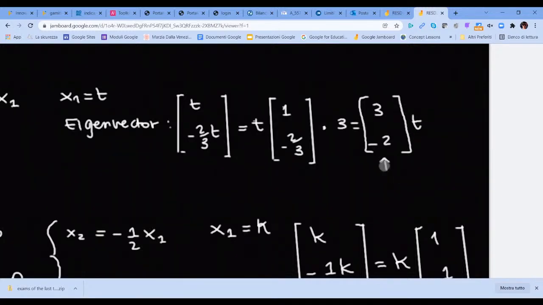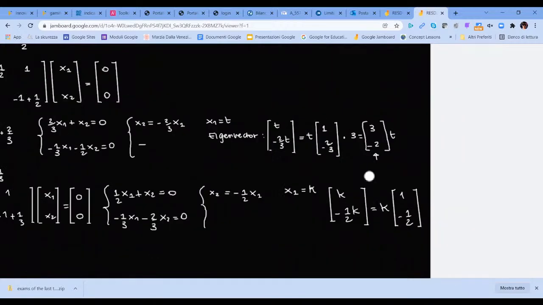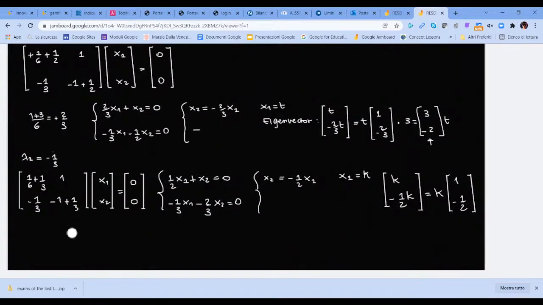So the eigenvector is this one, okay? This is the eigenvector. This is a vector that we need in order to write the solution of the differential equation.